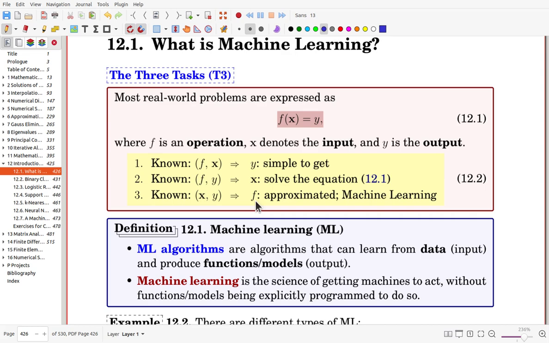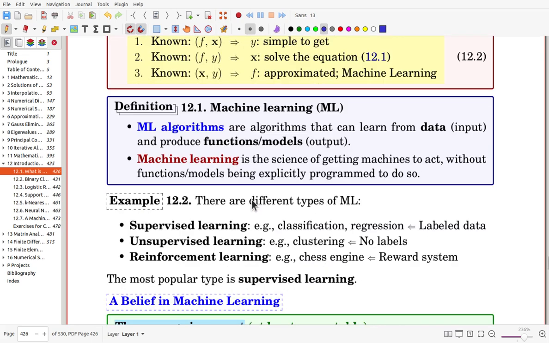Machine learning algorithms are algorithms that can learn from data and produce functions or models. Here, x and y will be input and the output is the function. There are different types of machine learning: supervised learning, unsupervised learning, and reinforcement learning.